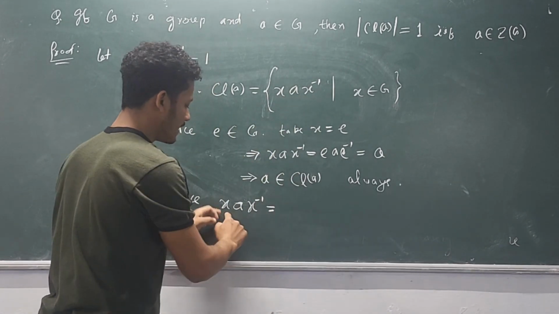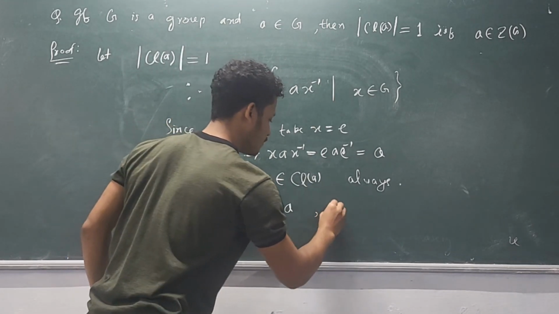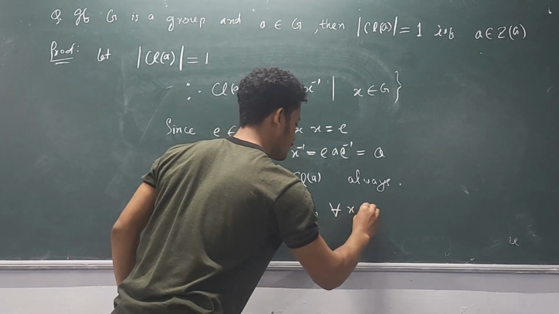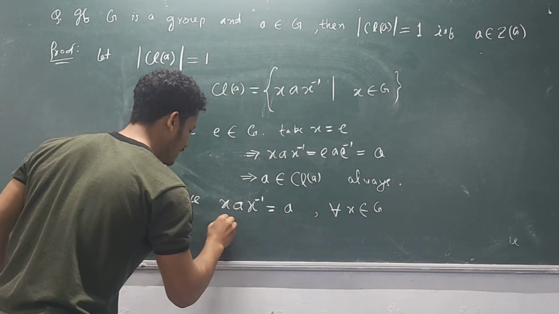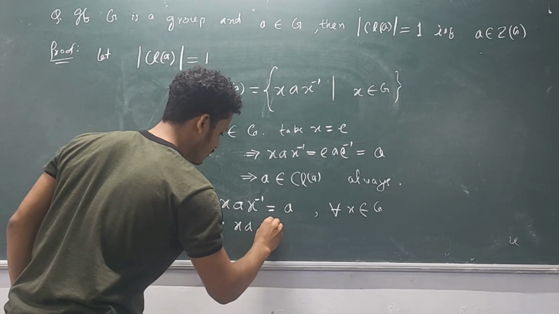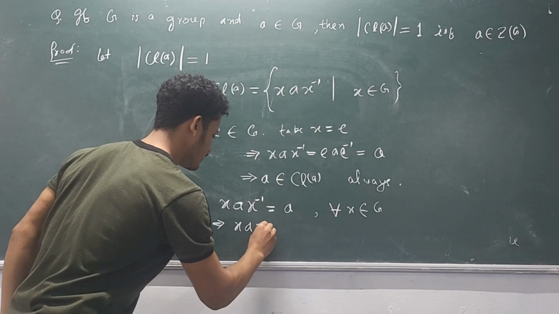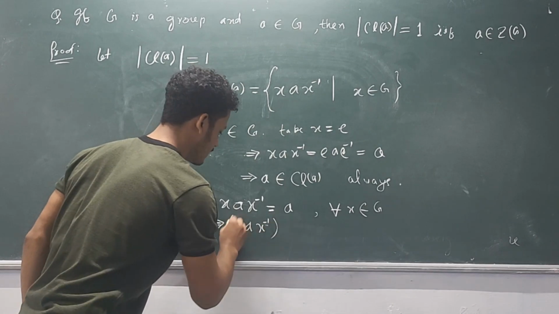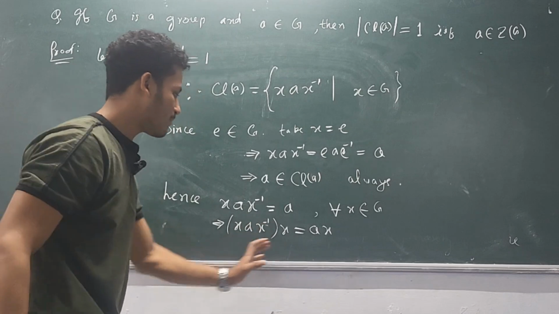So for all X, XAX inverse is equal to A, for all X belongs to G. And it will imply, you can multiply here by X on the right.